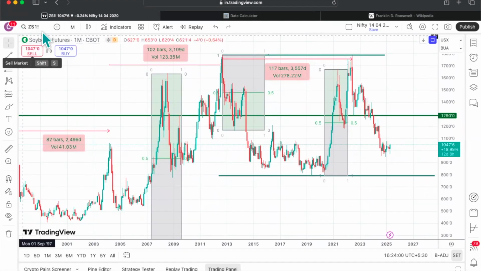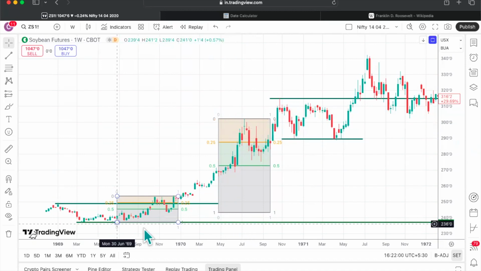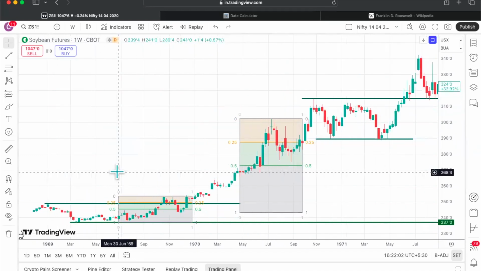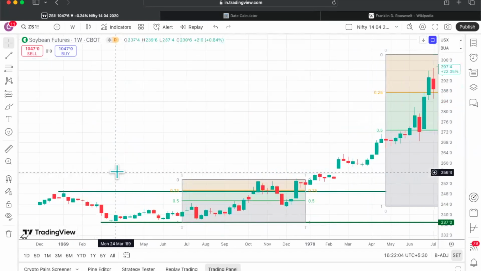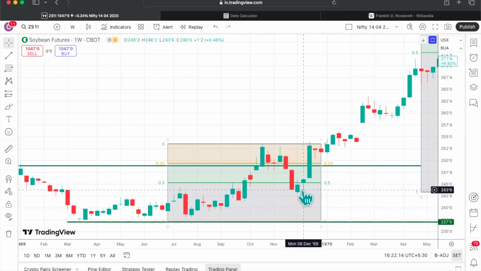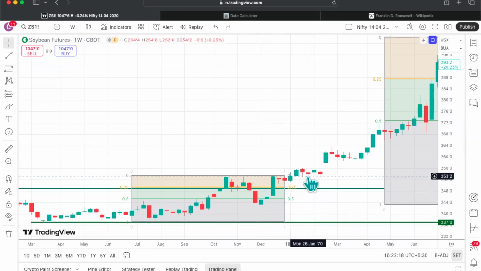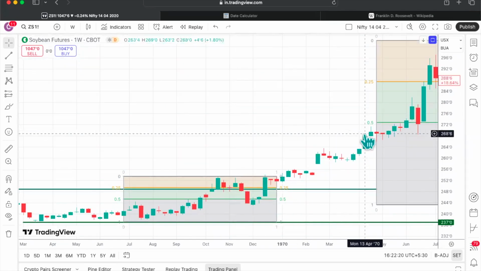This is for soybean futures. If you want to look at charts, we can definitely do that. Let's say, for example, there was a bottom, there was a top, and from this top the market came down to around the 50% level. Whenever a 50% level comes, we can buy when it crosses the previous tops, so this is a buying level from where we can go up.